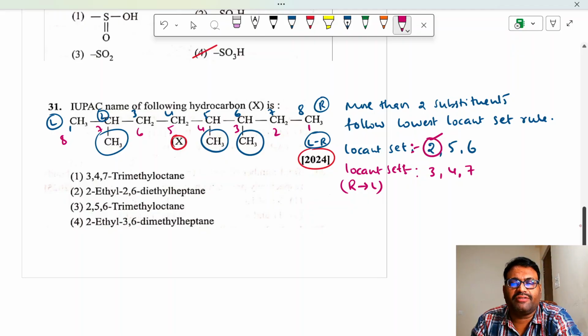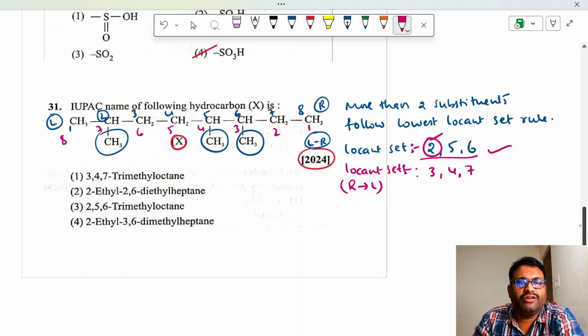This is the least number. So at the point of difference between the locant sets, the one having the least number is to be considered, and that numbering is to be followed. So which numbering is to be followed? Blue color numbering is to be followed. This is the correct numbering now.